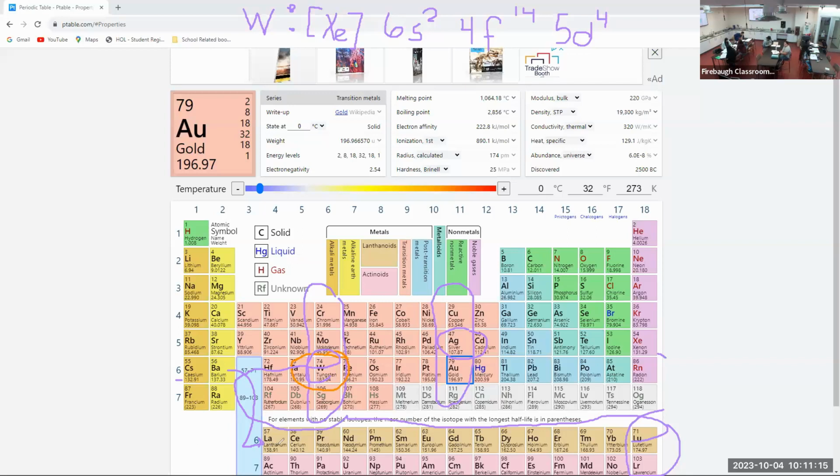So if we count, that's 1, 2, 3, 4, 5, 6, 7, 8, 9, 10, 11, 12, 13, 14. So these guys really are up here, but they make that gap, that empty hole, so that we know they belong to the D. So I had in the D right on the side. So only these right here.